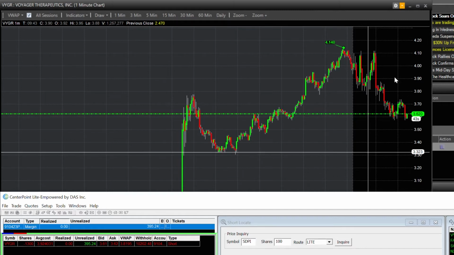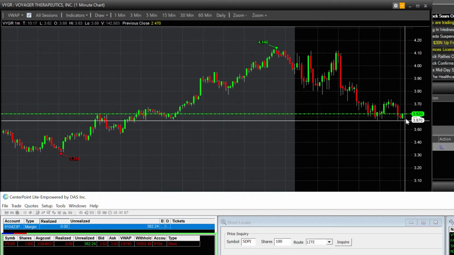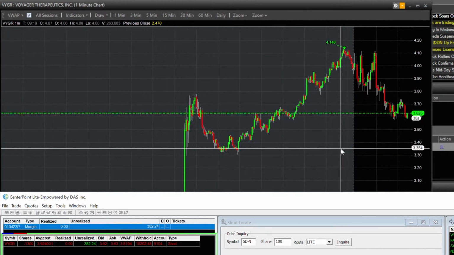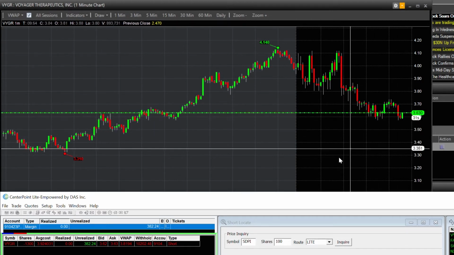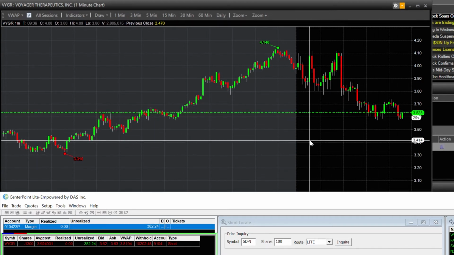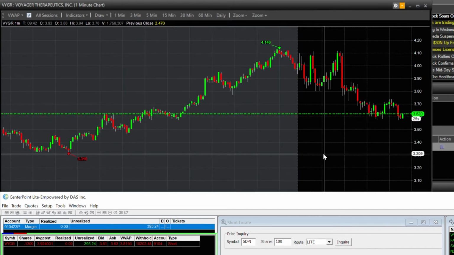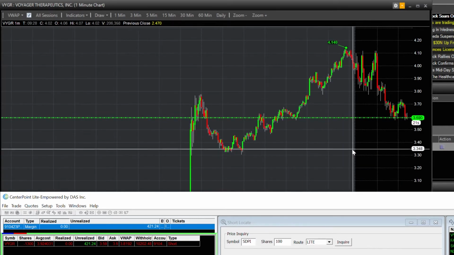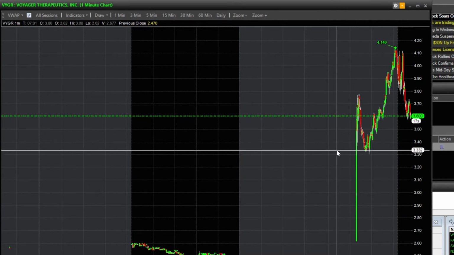And again, a lot of people will probably see the, what do you call it, the double bottom or something. And they're all gonna lose. Whoever buys the stock here is gonna lose. Still a long way down. Still a long way to go.